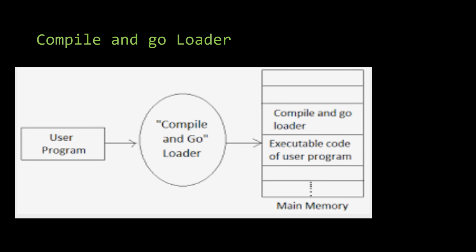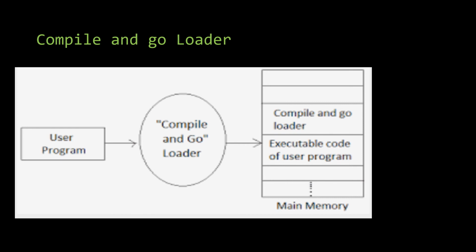Now, what is the difference between a general scheme loader and a compile and go loader? In a compile and go loader, every time you will be required to retranslate your program, because the translator is inside the memory. So you cannot keep the program or obj file ready outside, on secondary storage devices. Every time you need to retranslate your program.